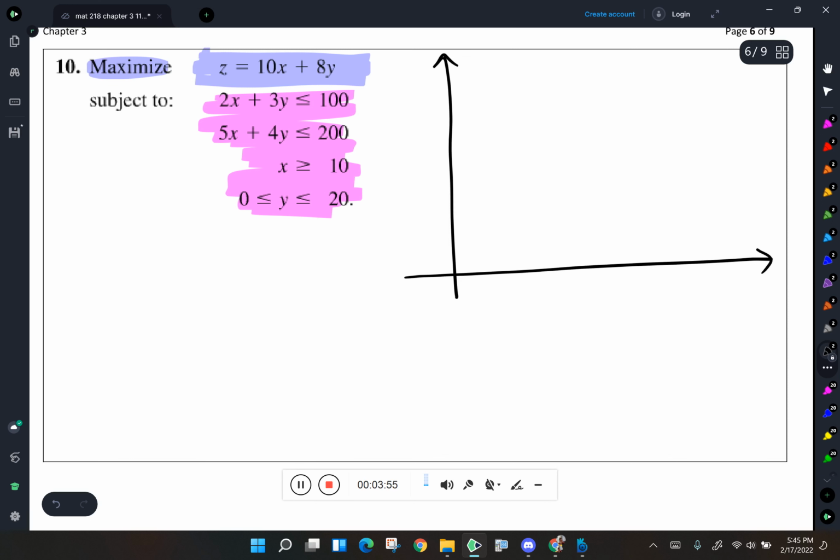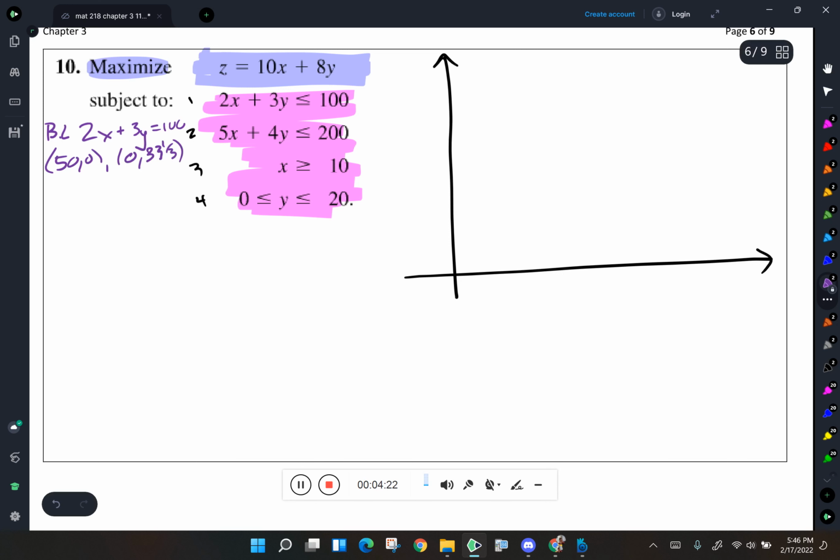Okay. Again, I'm going to call them 1 and 2 and 3 and 4. Okay. The boundary line for 1 is going to be 2x plus 3y equals 100, which means it's going to cross the x-axis at 50 and the y-axis at 33 1/3.